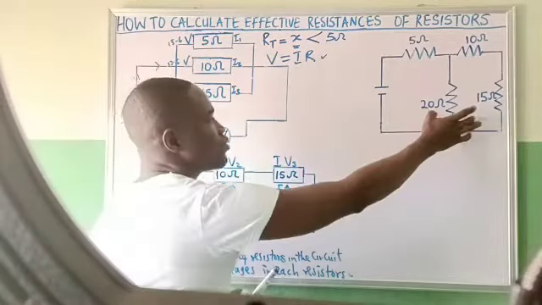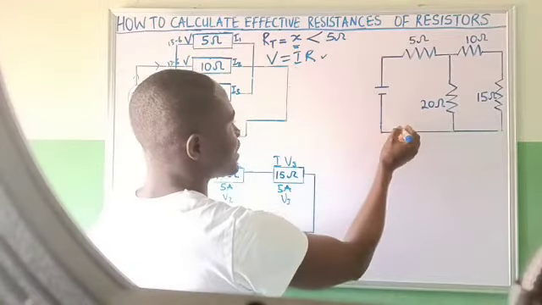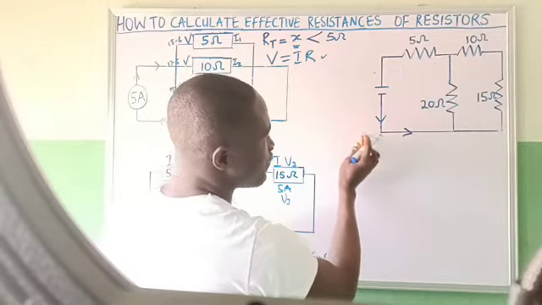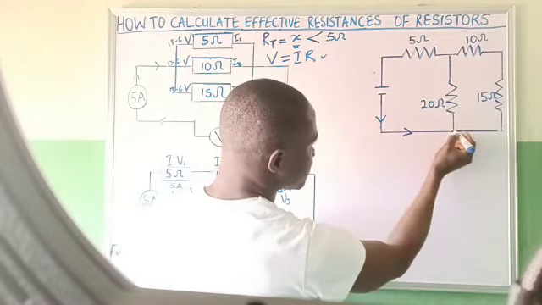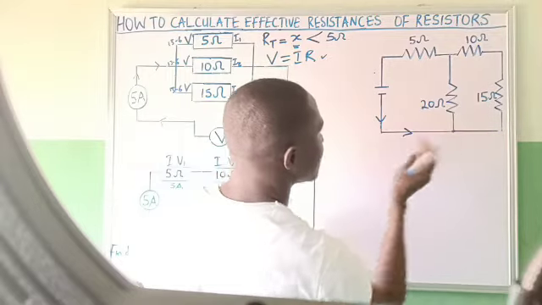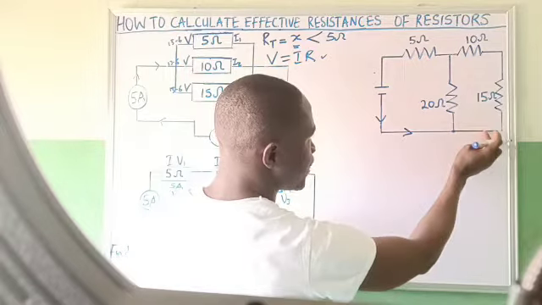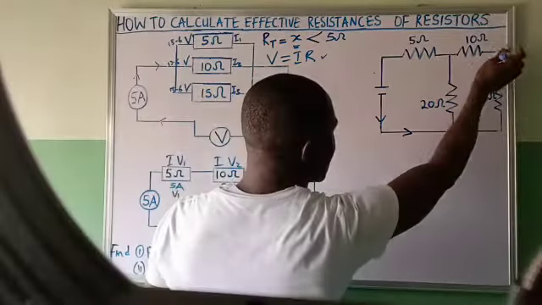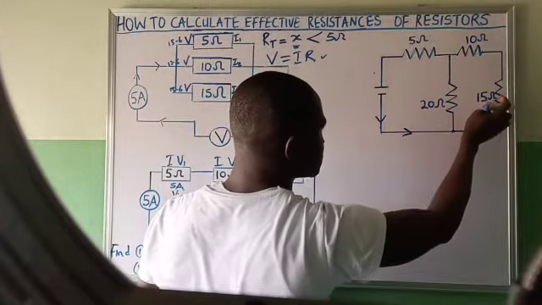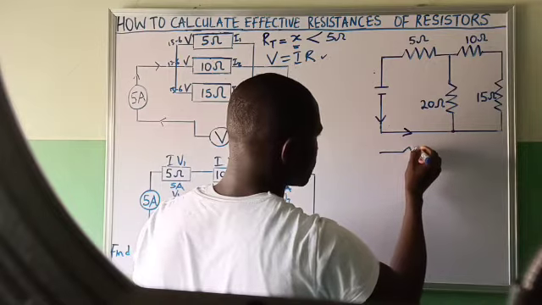Let's say that current is moving this way. Once you reach here, some will enter here and some will enter here. That means at this point, parallel will come in. These two are in series. So this plus this will give me 25. That will make the circuit look this way.